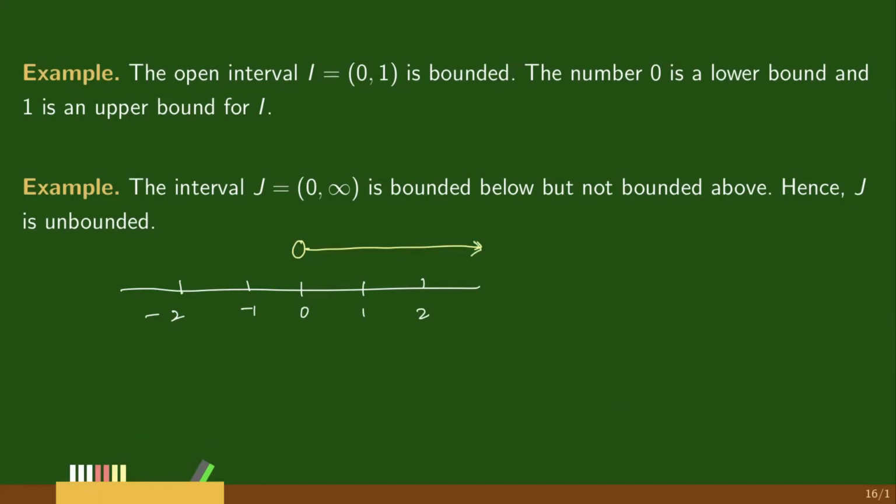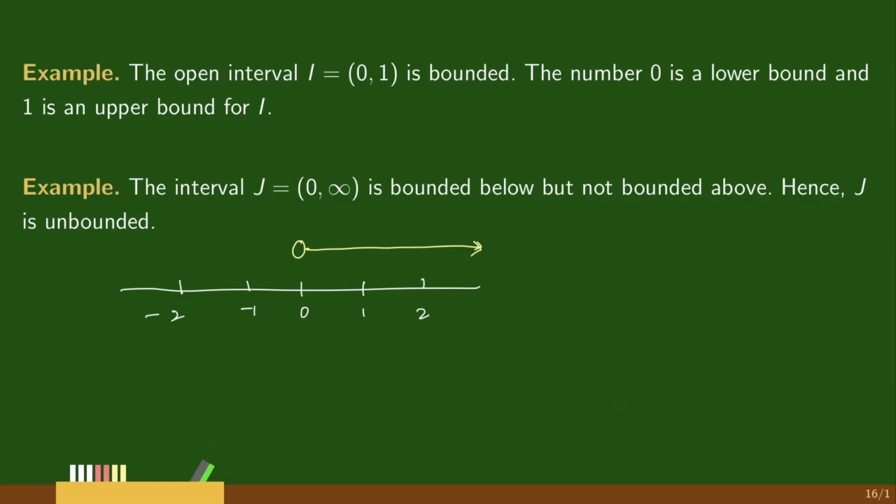So you see that in this example, the set J is bounded below. In fact, 0 is a lower bound. Any number less than 0 is a lower bound, but it is not bounded above. Why? It's not bounded above because what?